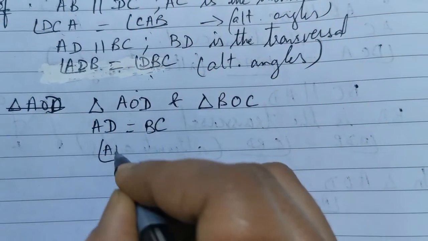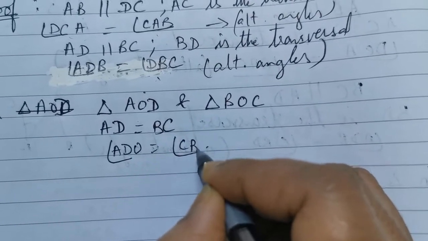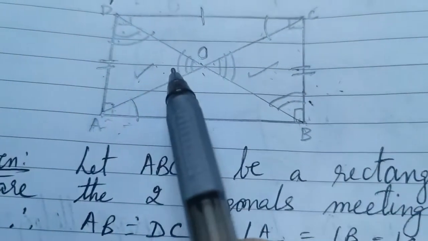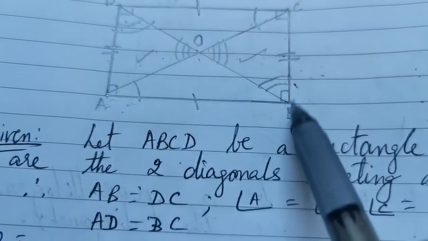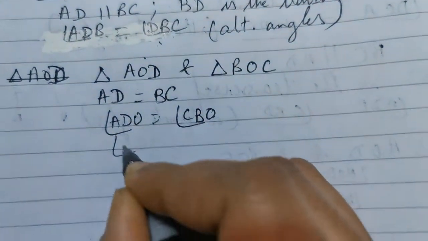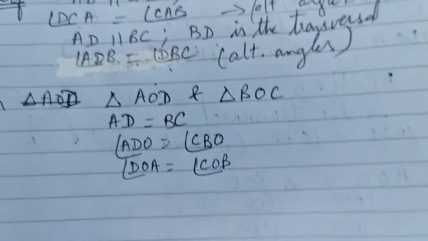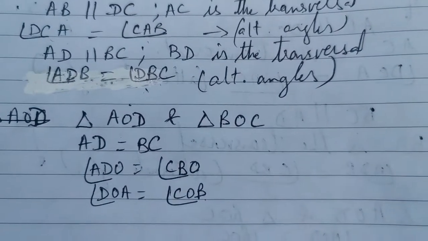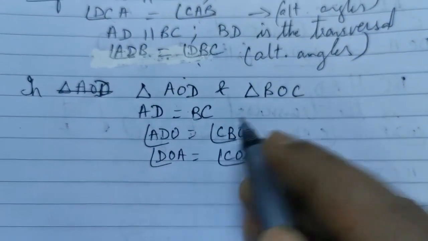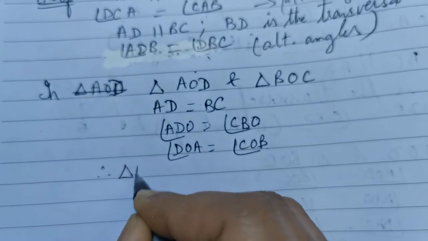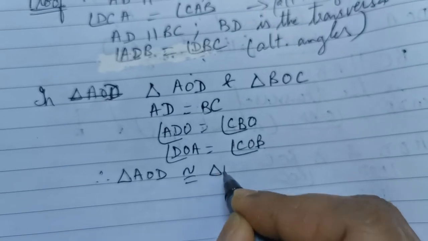Angle ADO is equal to angle CBO, and I have a pair of vertically opposite angles, DOA and COB. So I have three properties the same, which includes one side also. Therefore triangle AOD is congruent to triangle BOC.